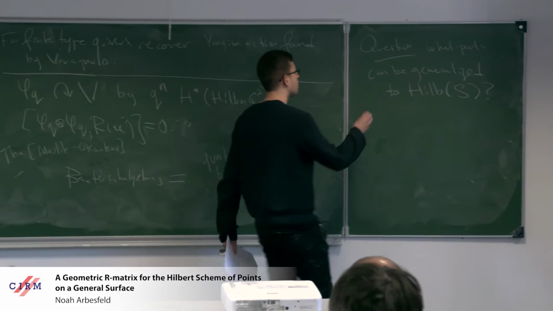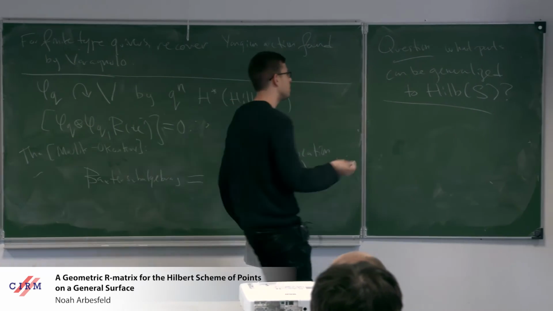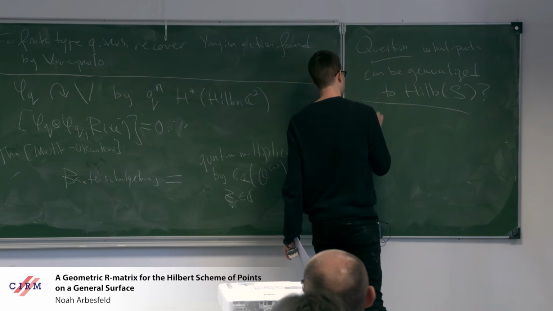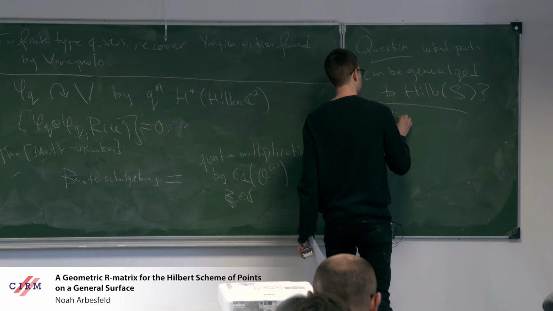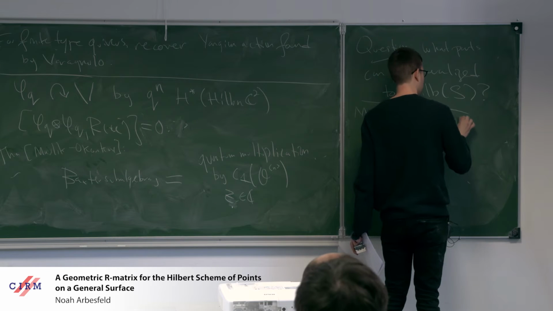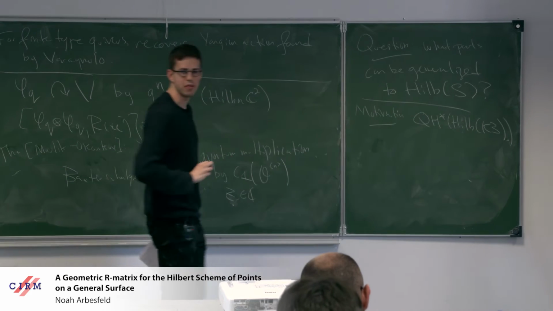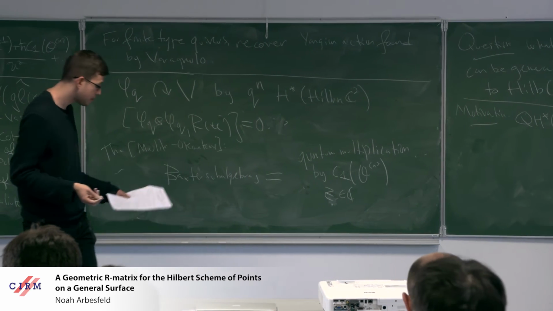Okay. So yeah, what parts can be generalized to Hilbert? One motivation for asking this question is to better understand the quantum cohomology ring of the Hilbert scheme of points on a K3 surface.